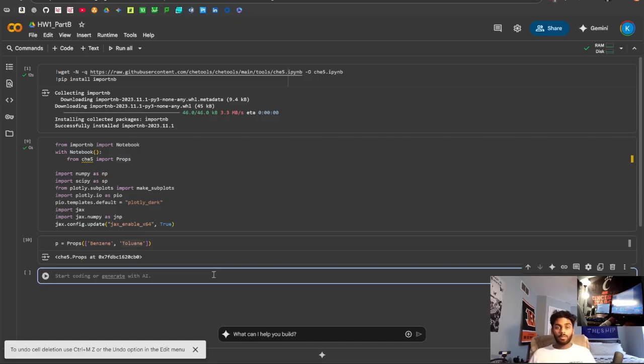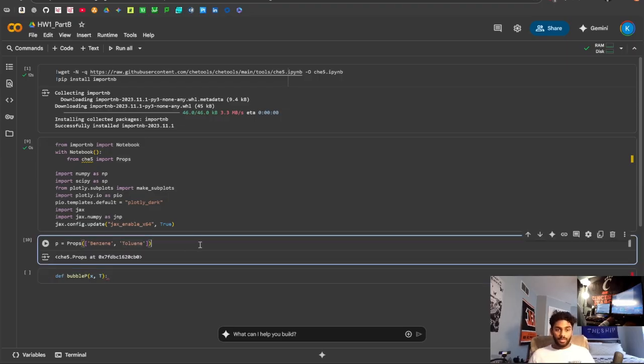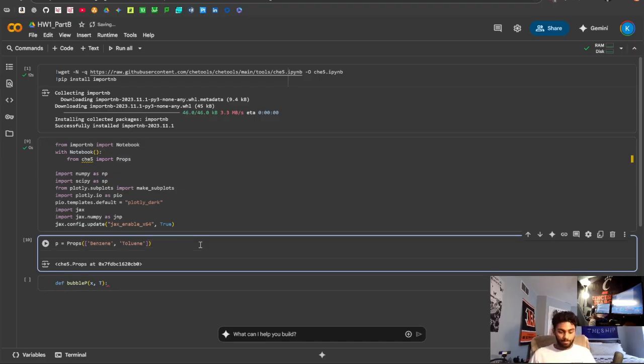So now let's start defining our function. Our first one will define our bubble pressure, bubble P. You need to give it inputs of the liquid phase mole fractions and temperature, because we want to analyze this for a certain temperature. Well, you might be saying, hold on, we don't know what our compositions are yet.